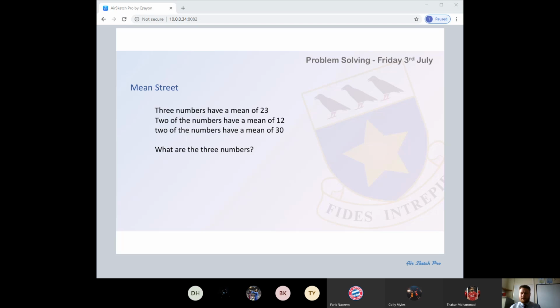I'll give you 5 minutes or so, maybe even a little bit longer, to have a go at this. You probably need pen and paper to write it down. I want you to try and work out what the three numbers are. When you think you have an idea, go back to the Poll Everywhere, pollev.com/SJC Mason 111.